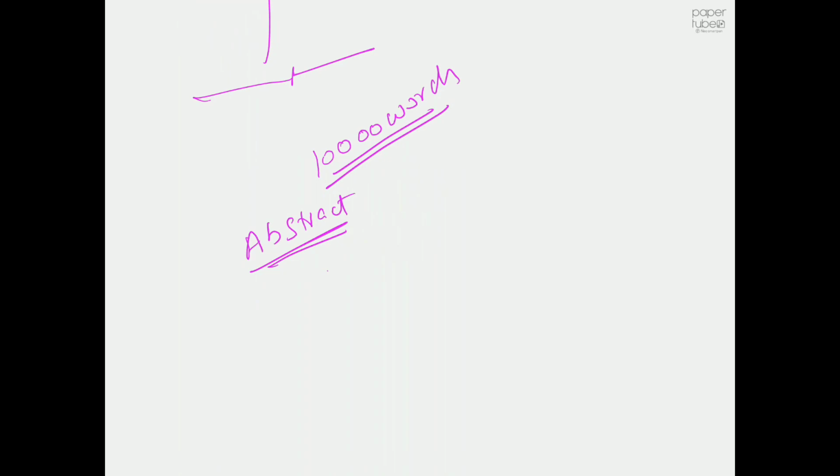We calculated the kinetic constants, and these are the values that we got. Then finish the abstract, and then you make a conclusion.